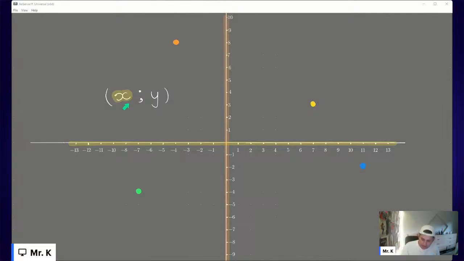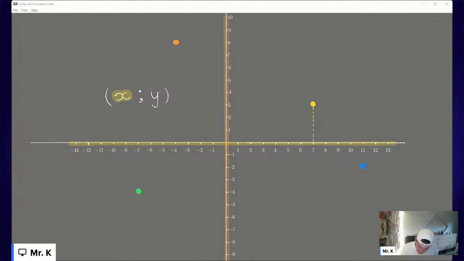Well, I've highlighted in yellow because our x value comes from our x-axis over here, the horizontal line, right? So what we're going to do is take our ruler and line our dot up with the x-axis, right?